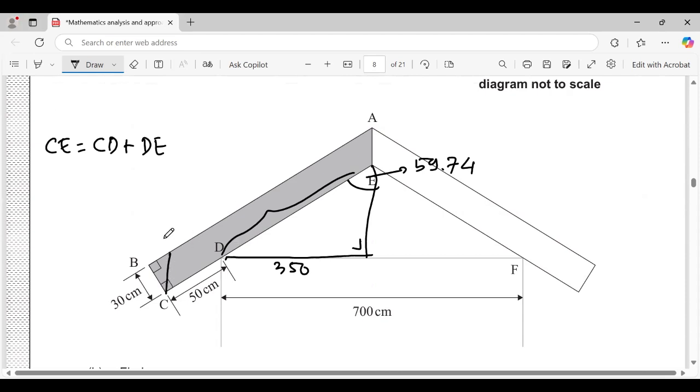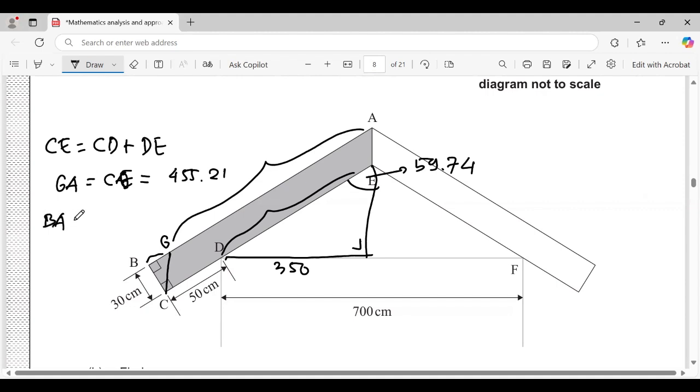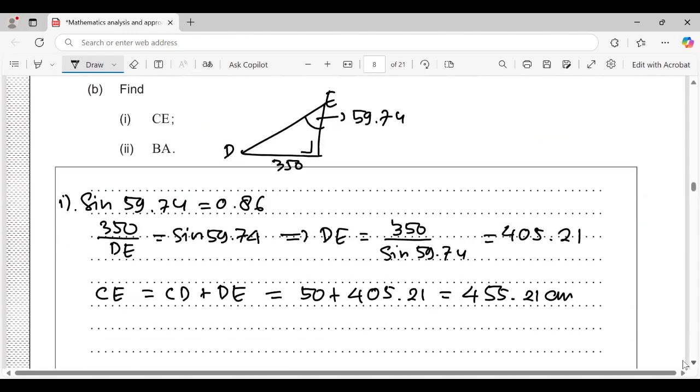If this point is G, so GA equals CE, C to E, and CE is 455.21. So we need to find BG. So BA equals BG plus GA. Let's define.